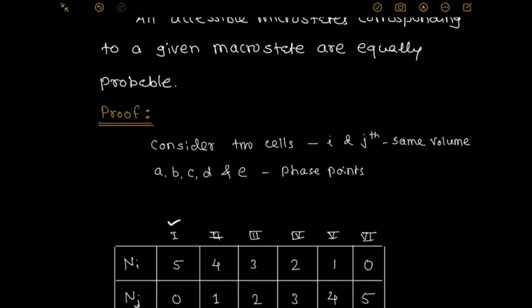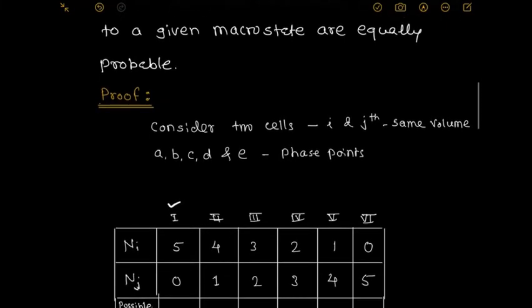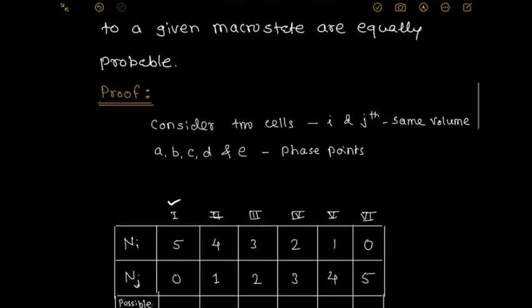A macrostate specifies the number of phase points in particular cells. Then what are its corresponding microstates? Microstates specify the place of individual phase points in the particular cells.